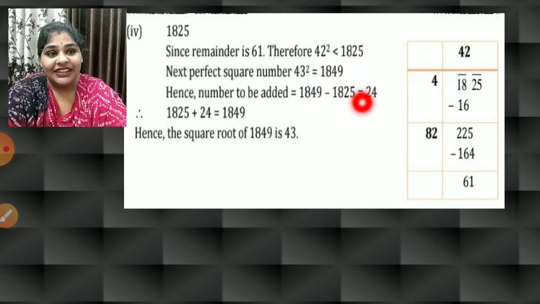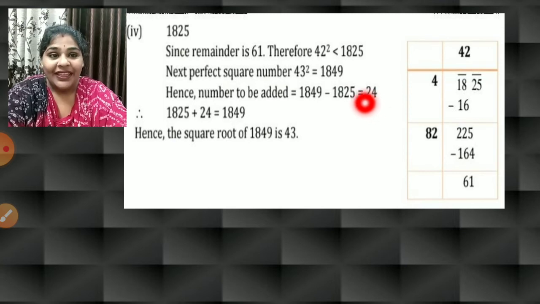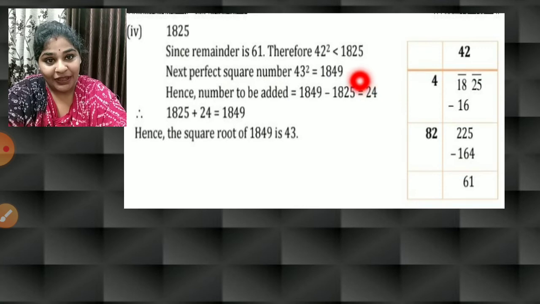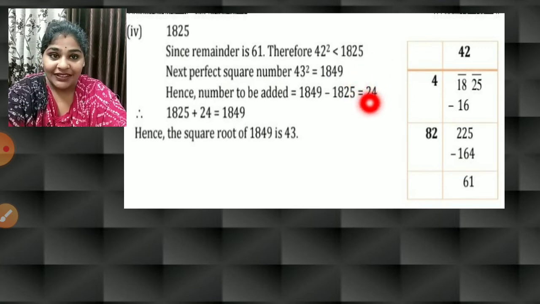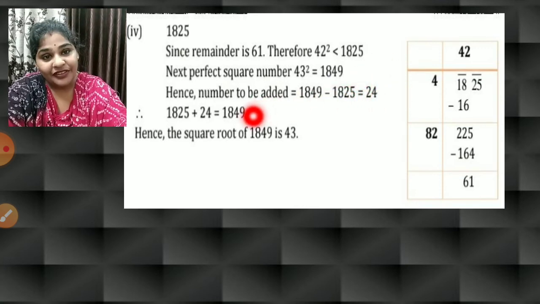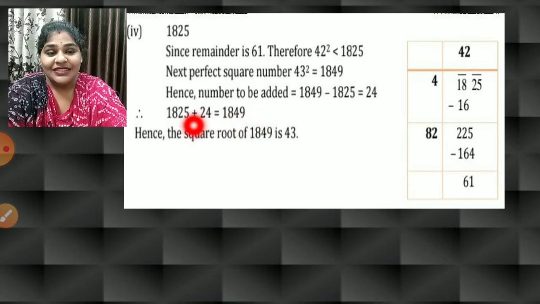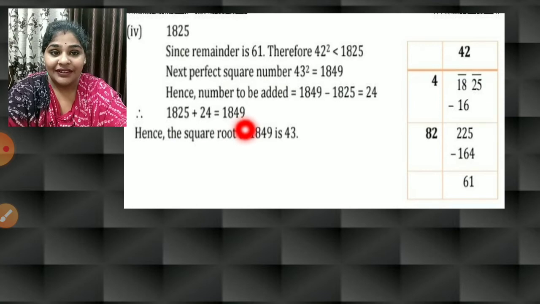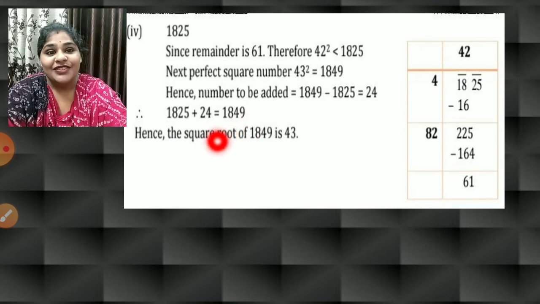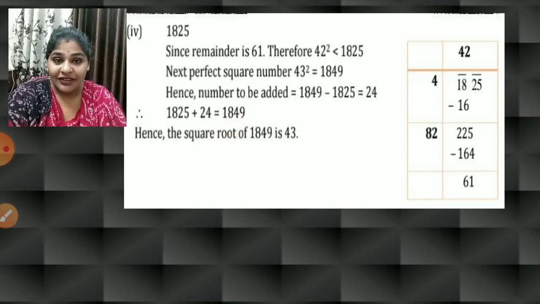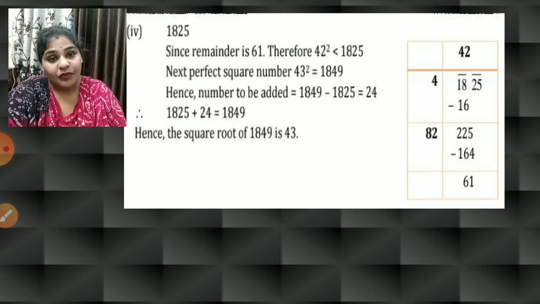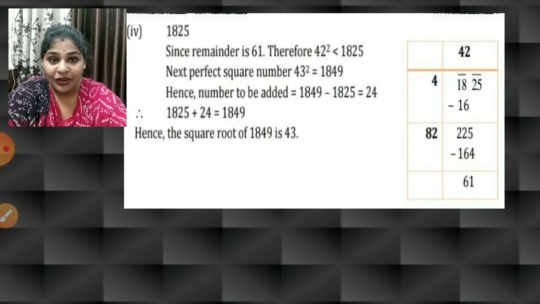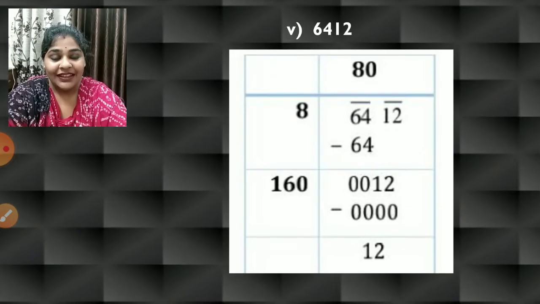After subtracting, children, we get 24. This is the least number which we have to add to the given number to get a perfect square. So 1825 plus 24 will give you 1849. Hence the square root of 1849 is 43. I hope it is clear now and very easy.